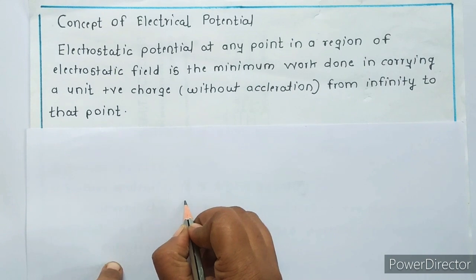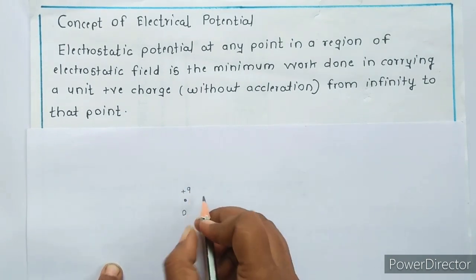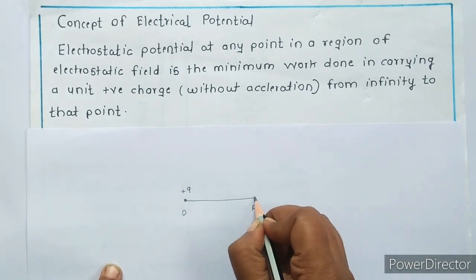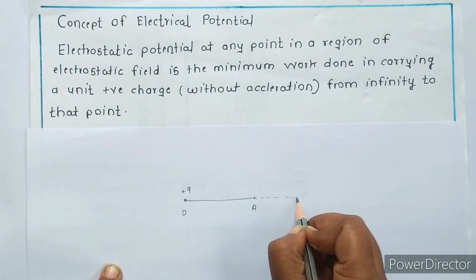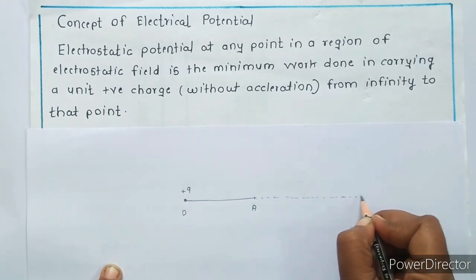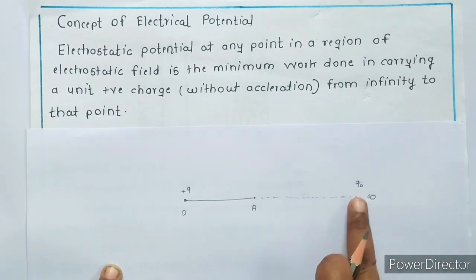Now we will see what it means. Suppose I consider a charge plus Q situated at point O and I want to find the potential at point A. Then I have to find the total amount of work done in displacing a unit positive charge, a small test charge, from infinity.